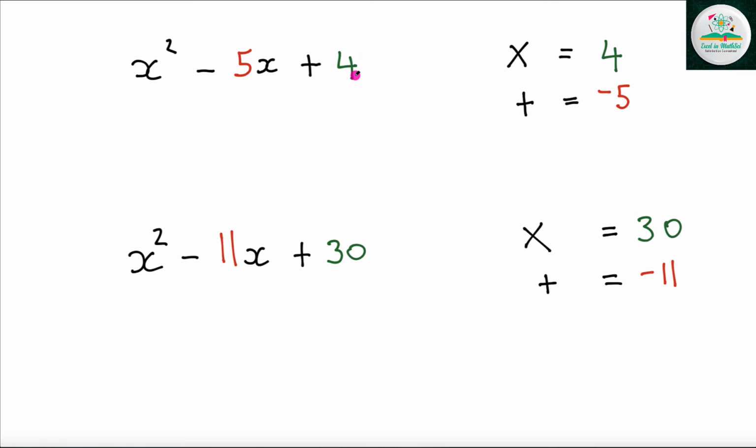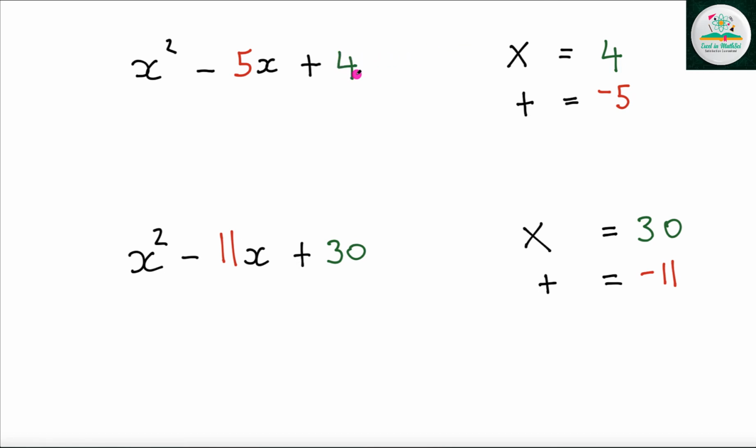So let's ignore the minus sign for now and just concentrate on the magnitude, or the size, of these numbers. Let's look for some pair of numbers which, when multiplied together, give me 4, but add to give me 5.